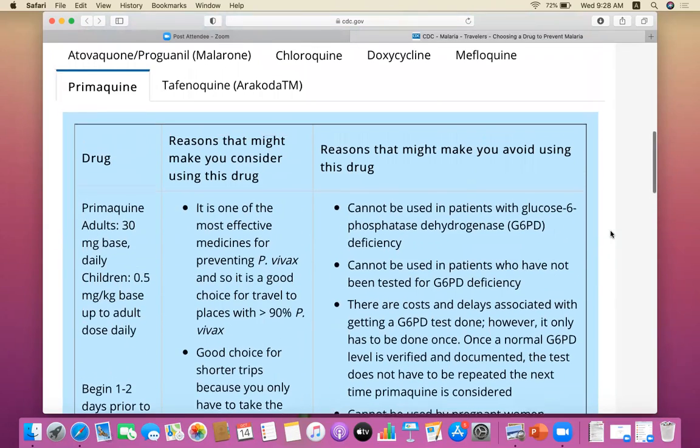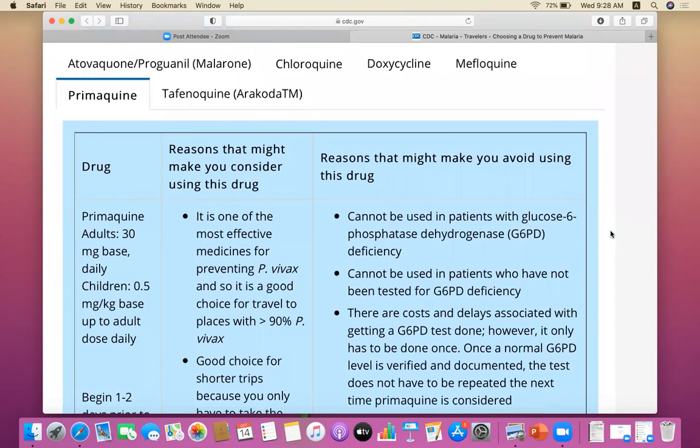Now, please consider in mind a reason that might make you avoid using this drug, because primaquine and the quinoline categories including chloroquine, primaquine, mefloquine, all have one specific adverse effect, and we can say hemolysis.